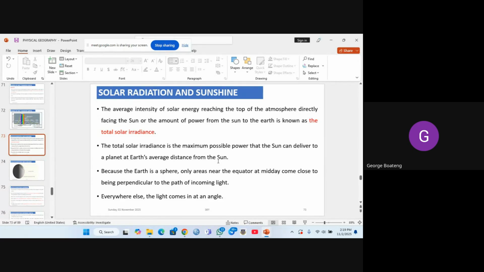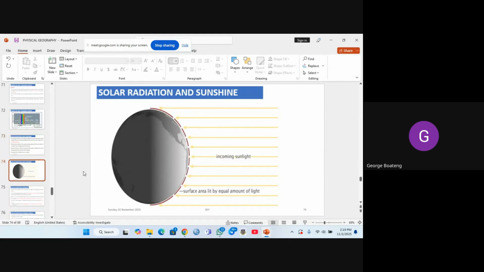The radiation that does not hit anything, that just comes straight, is termed total solar irradiance. The overall maximum that we have is what we call the solar irradiance.